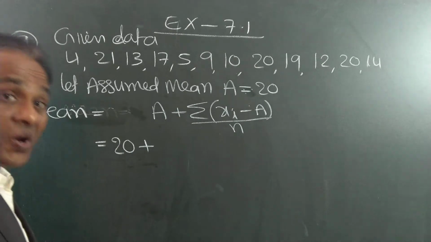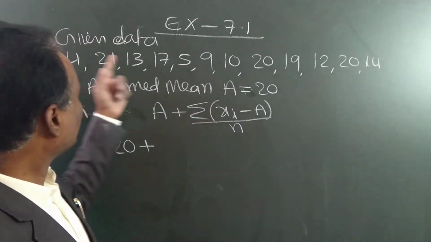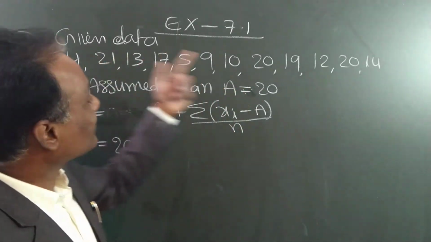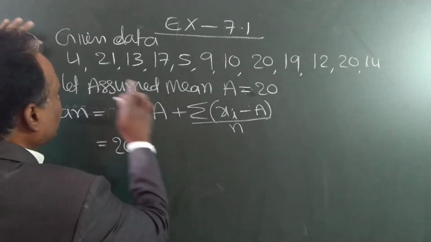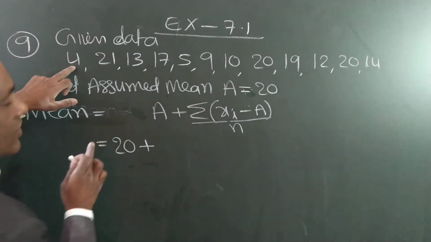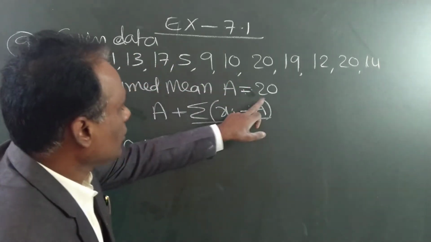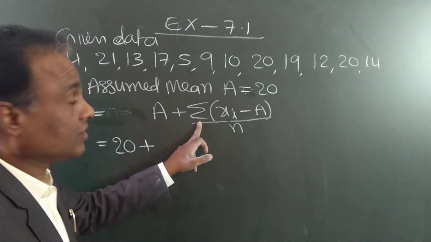plus. Now subtract this 20 from each number. Xi means, suppose if i is 1, x1 minus A, and sigma means plus.